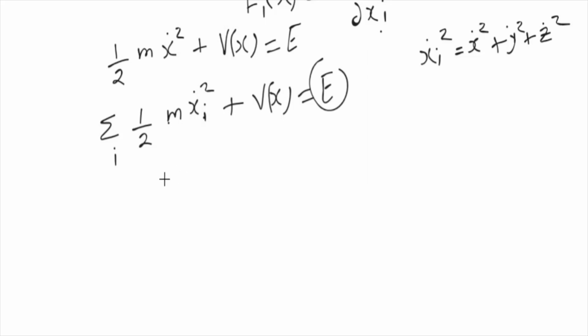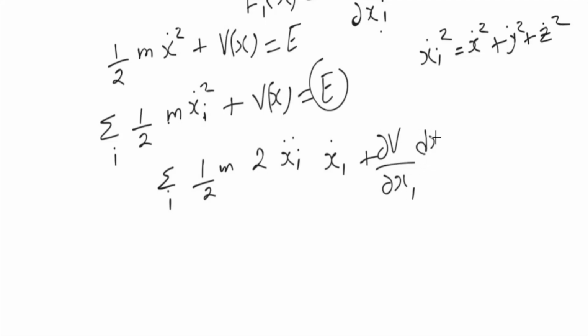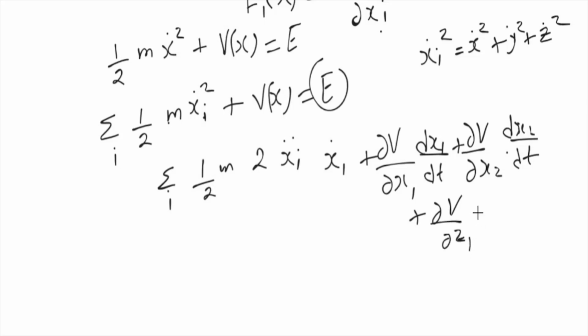So the first time derivative: summation over i of half m twice xi double dot xi dot, plus del V upon del x1 dx1 upon dt, plus del V partial derivative with respect to x2 dx2 upon dt, plus del V upon del x3 dx3 upon dt.